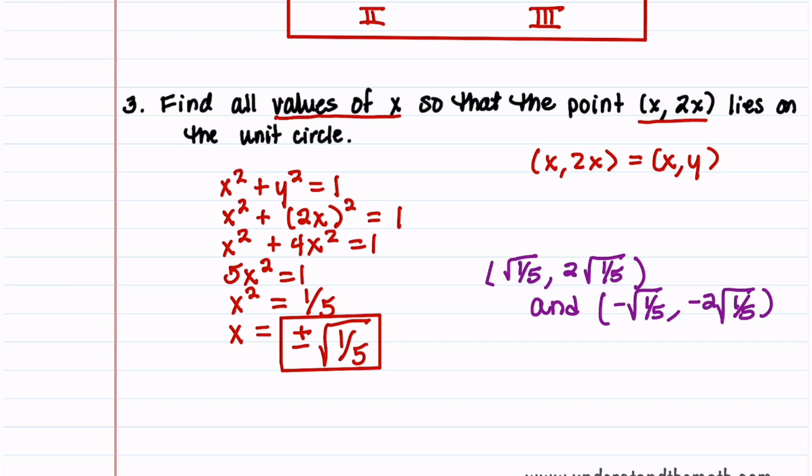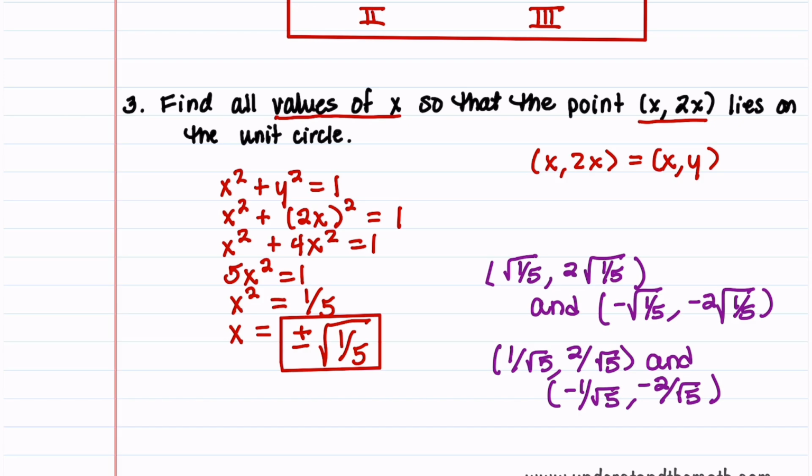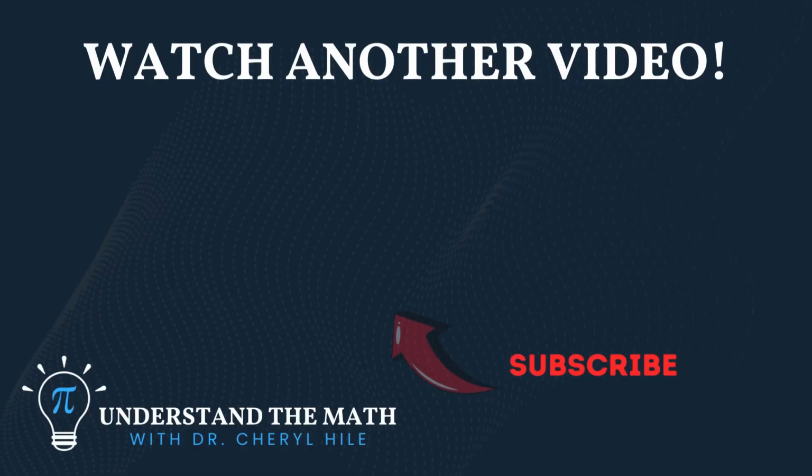It would probably be a lot nicer if we wrote this as (1 over root 5, 2 over root 5) and (minus 1 over root 5, minus 2 over root 5).